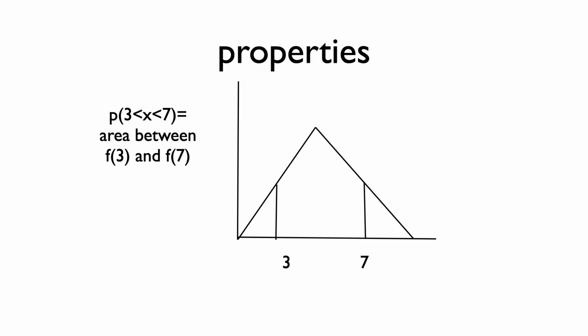So if we wanted to know how likely we would get a score between 3 and 7, it's the area between those. It's going to be the area here. Now, that wouldn't be that hard to do, because it's a rectangle and a triangle.